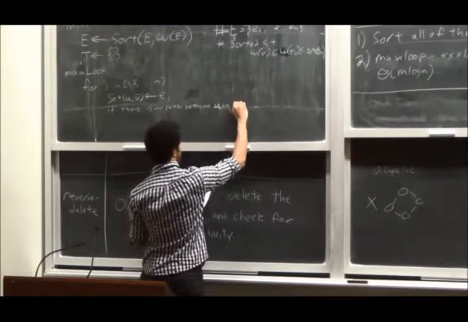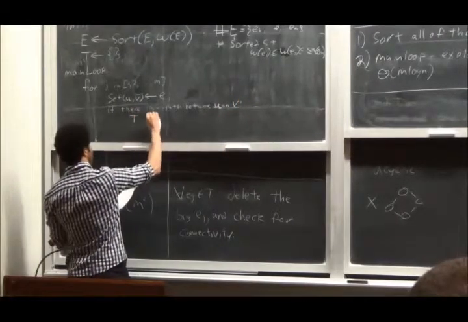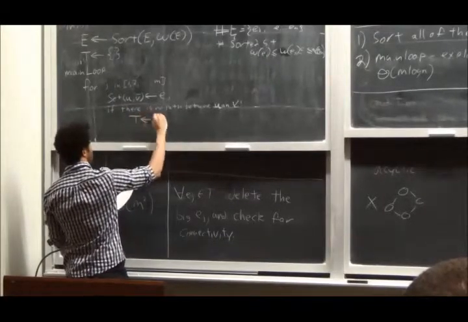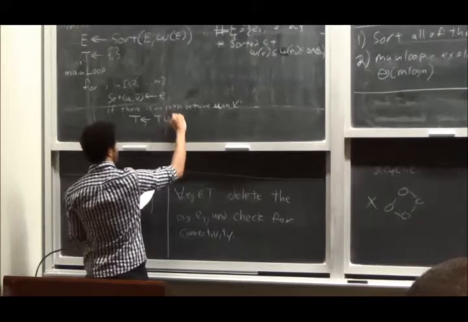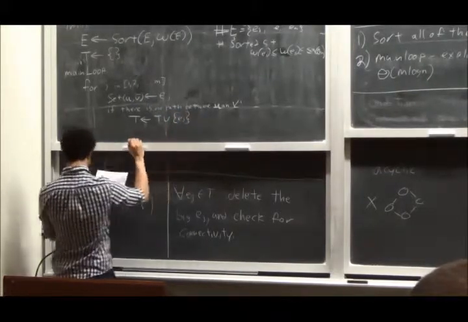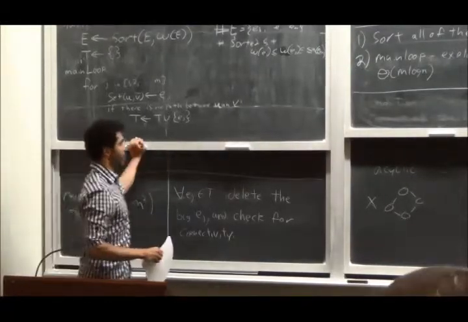These U's and V's are the worst. Okay, so that's our basic algorithm.